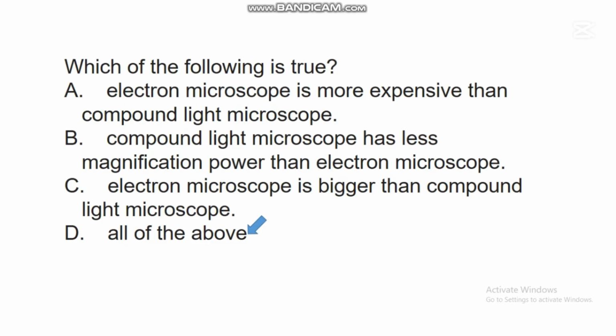So electron microscope makes the image of a specimen appear bigger compared to compound light microscope. Electron microscope is also bigger than compound light microscopes. All these things are differences between the compound microscope and electron microscope.